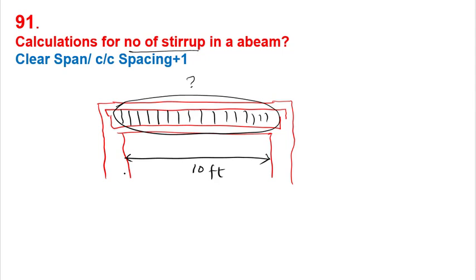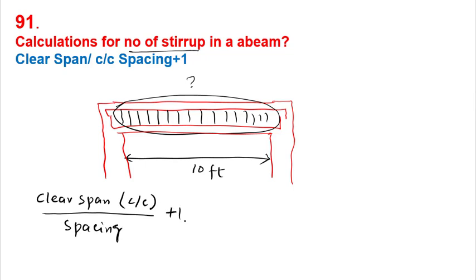So what we will do, the formula is clear span center to center, I will let you know what this means, divided by spacing, plus 1. Spacing means the distance between two stirrups.